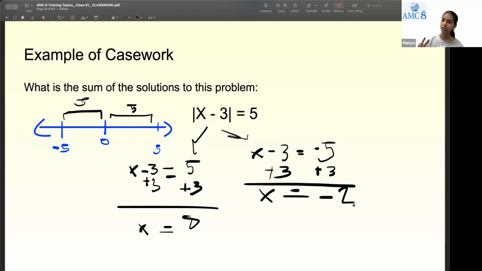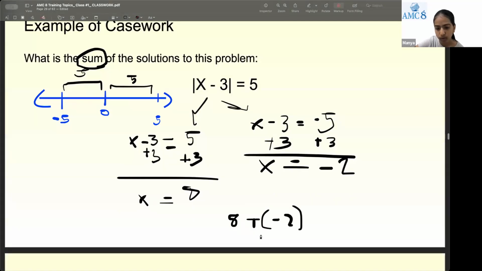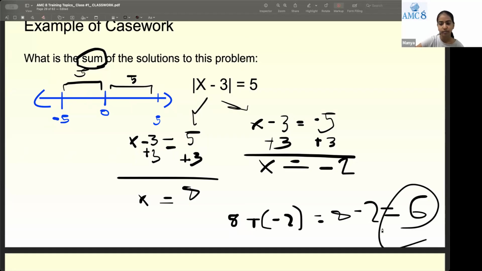So we have two cases for this problem, x equals 8 and x equals -2. They're asking what is the sum of the solutions to this problem? That would just be 8 plus -2, which is the same thing as 8 minus 2, which is equal to 6. And that would be our final answer.